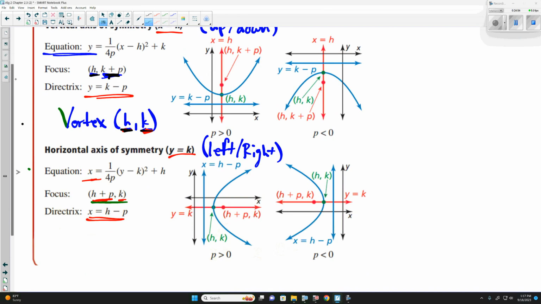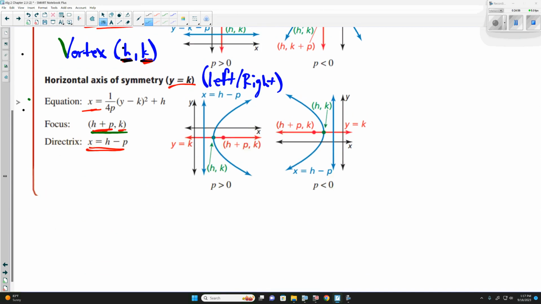Let's look at the other equation. From vertex to focus here, the x value goes from h to h plus p. Those are changing, yes? And the other one, the k value, is going from k to k. The y value stayed the same, yes?